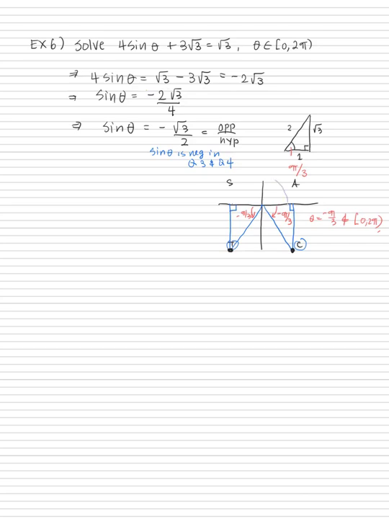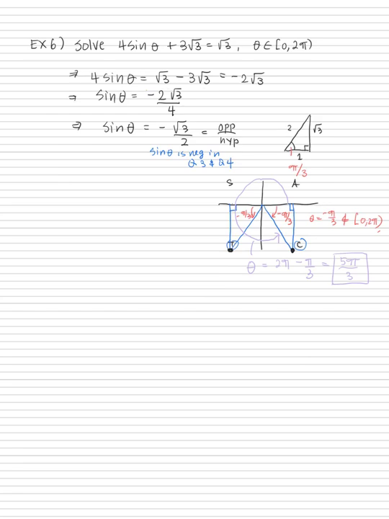I hope you can see this color. I'm going to have to go like that. All right, so let's color code it. Our theta is the same thing as what? 2 pi minus pi over 3, which is 5 pi over 3. And 5 pi over 3 is definitely inside of 0 to 2 pi. So this one is a keeper.